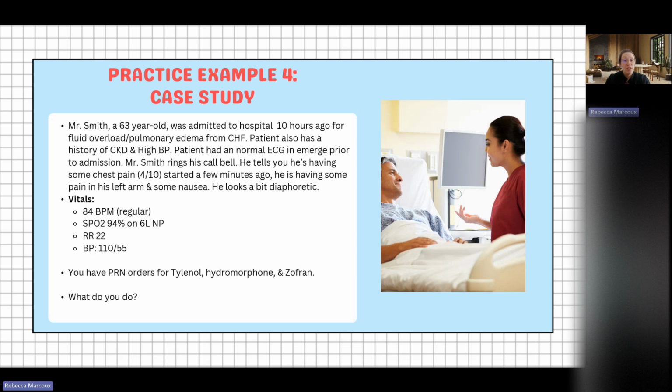Patient had a normal ECG in emerge prior to admission, but he rings his call bell and tells you he's having some chest pain, 4 out of 10. It started a few minutes ago, and he's having some pain in his left arm and some nausea. He looks a bit diaphoretic as well. Heart rate's 84, sats are 94, blood pressure 110 over 55. You have PRN orders for Tylenol, hydromorphone, and Zofran. What do you do?